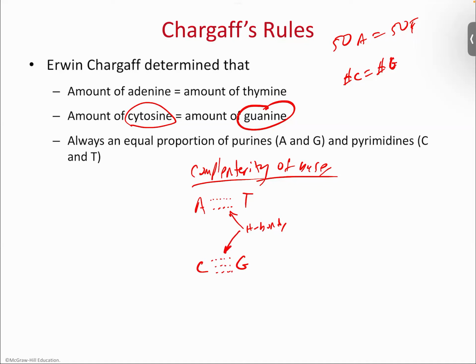This, by the way, would explain why he sees the same number of A's as T's. It's because for every A in DNA, there is a T on the other side that's associated with it. So they complement each other. Together, these are called a base pair. And if you recall, base pairs are actually what we follow in electrophoresis.